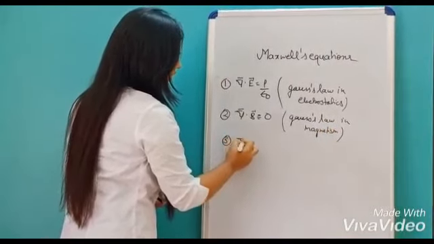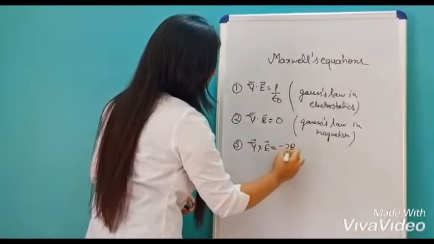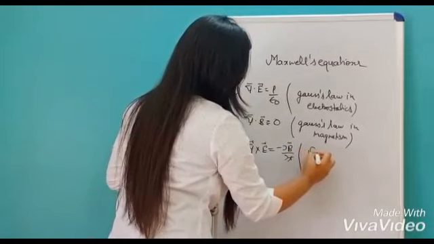Third is Faraday's law: del cross E is equal to minus del B by del T, which is based on Faraday's law.